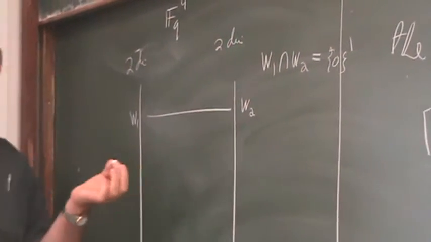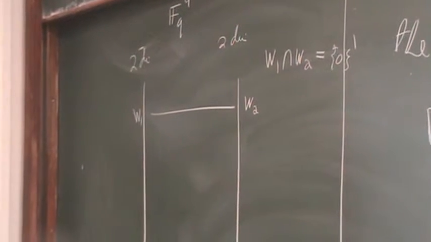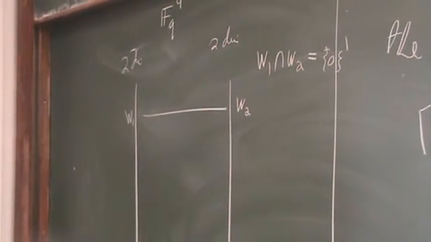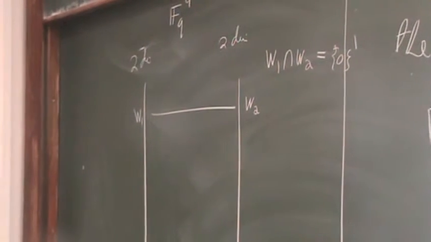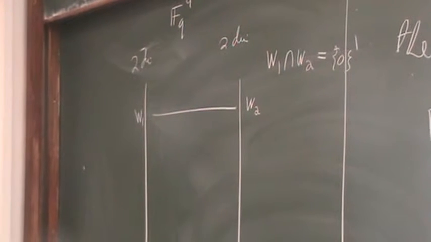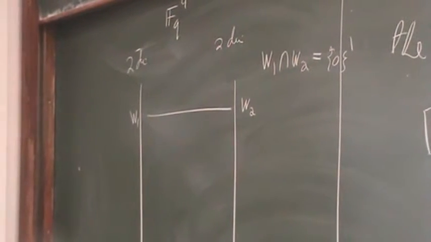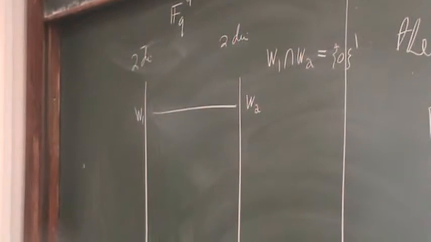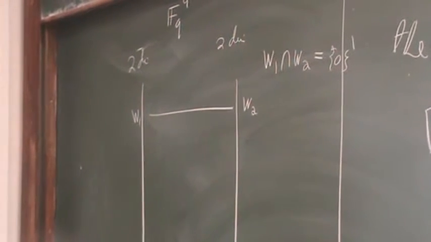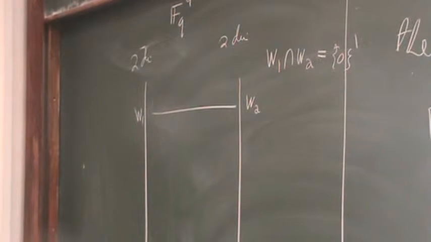So if you take two-dimensional subspaces of F_q^4, there are two possibilities. Either they have trivial intersection, or equivalently they generate the full space, or they have a non-trivial intersection and they generate a three-dimensional space. And I want to take one of the two.